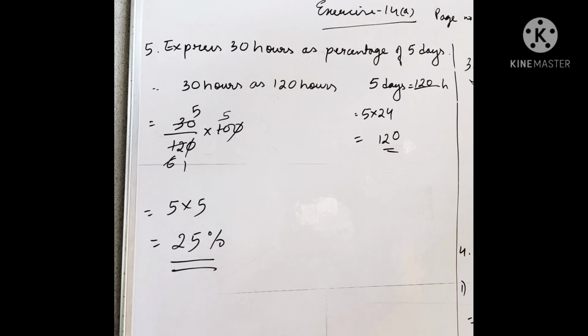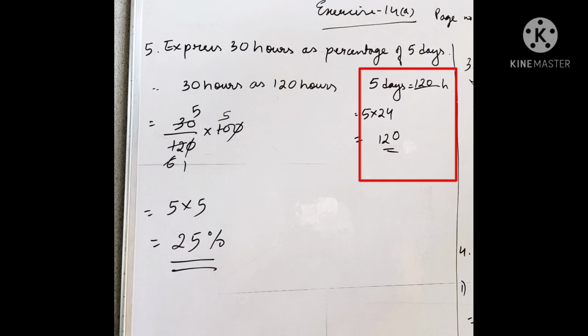You are asked for hours in terms of days. Clear? Whenever we solve this type of question, keep it in mind, the unit should always be the same. So in this case, you can see it's hours and days. Days is bigger than hours, so we'll convert days into hours first.